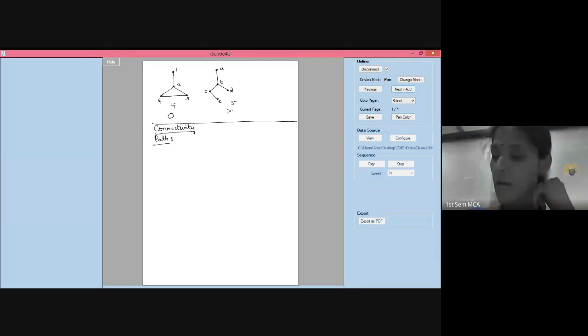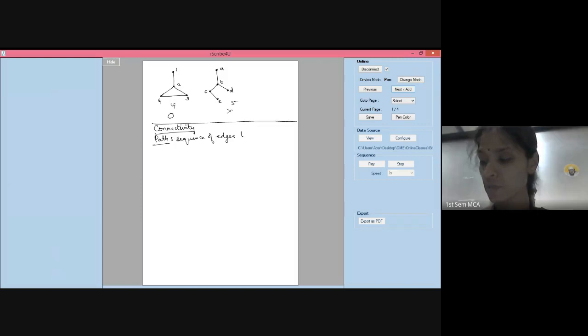Okay. A path, when we say in a graph, since we are in graph theory, we are talking everything in terms of graph only. In a graph, a path is nothing but a sequence of edges that begins at a vertex and ends at another vertex, or it can also end at the same vertex.